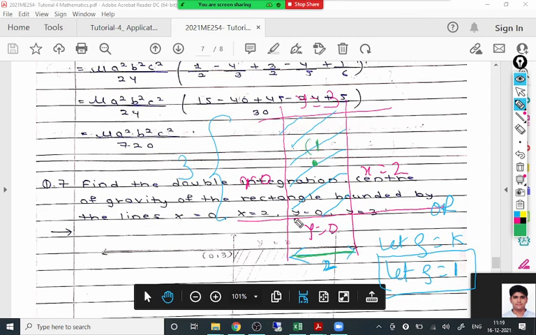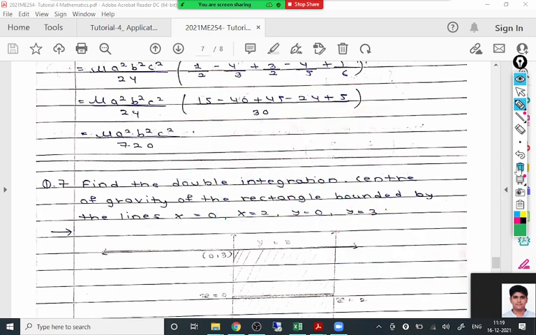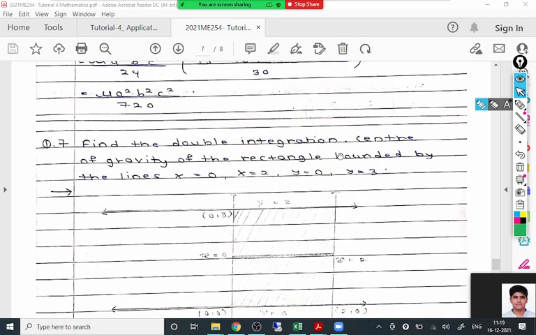If you divide this length 2, just by symmetry, you will get the center 1 comma 3 by 2. Are you getting it? This is the answer by observation, but actually you have to show it mathematically. I kept one question here only for your understanding, but remember, questions are not coming on centroid in the exam.